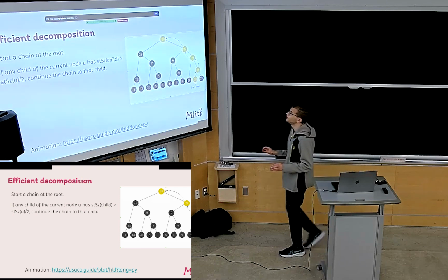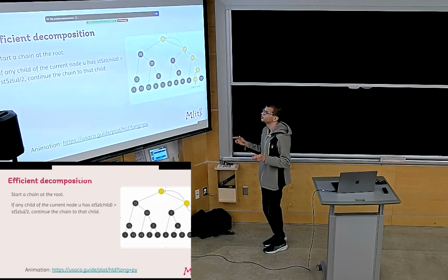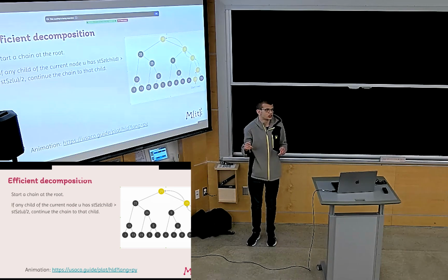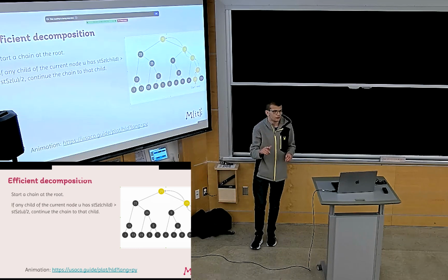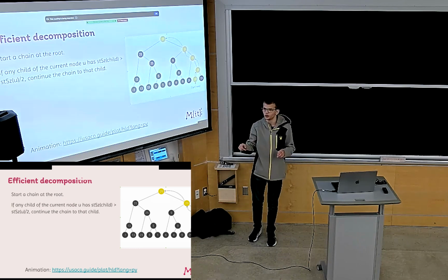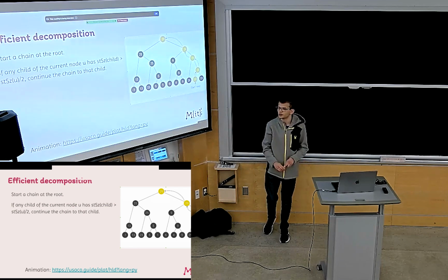The key observation is that the algorithm we will use is: if the subtree size of one of the children of this node is at least half of the subtree size of this node, then we make the heavy edge point there, and we make all of the other edges light.